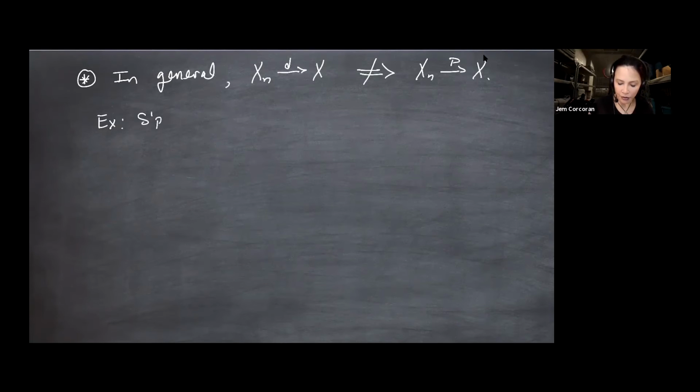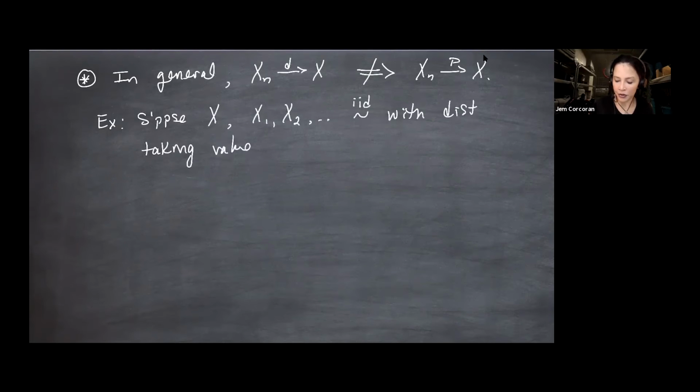I'm going to suppose that X and then X_1, X_2, so I just separate it out so you can see that it's part of the list, are all IID with a distribution taking values -1 and 1 with probability 1/2 each. So they're all discrete, they all take on 2 values, they're all independent, they all take on the same 2 values with the same probabilities.